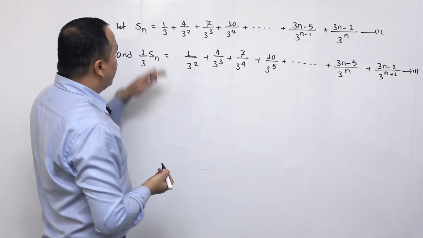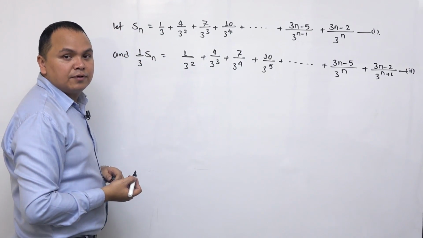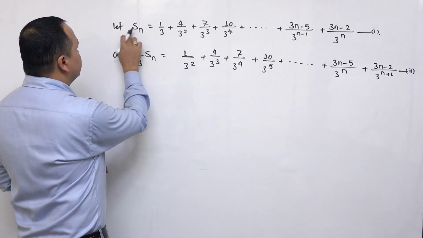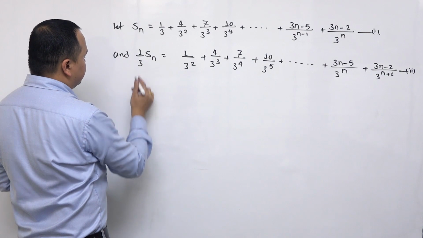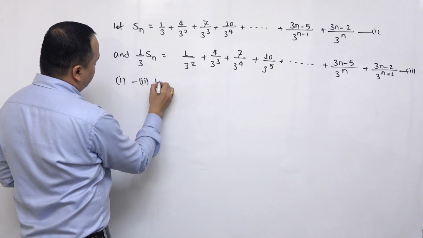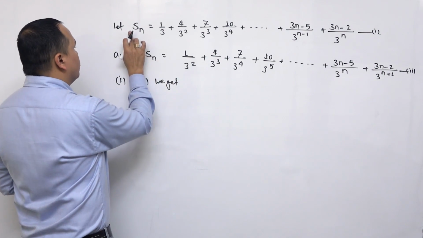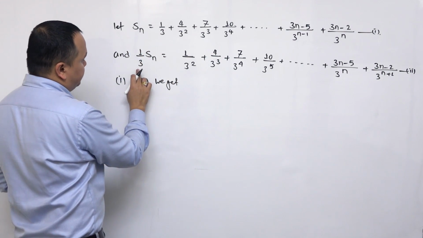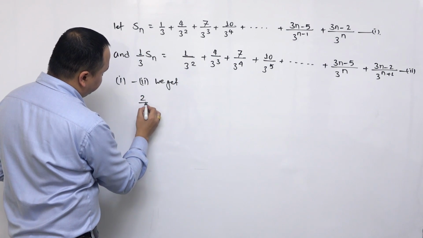Now, I minus II. We get here 1 minus 1 upon 3, which is 2 upon 3.